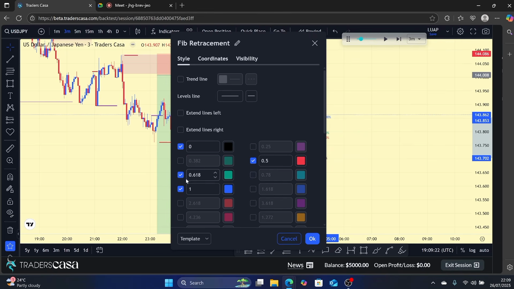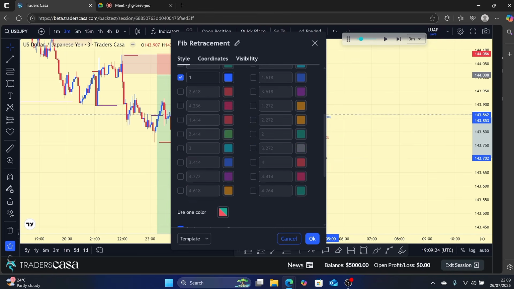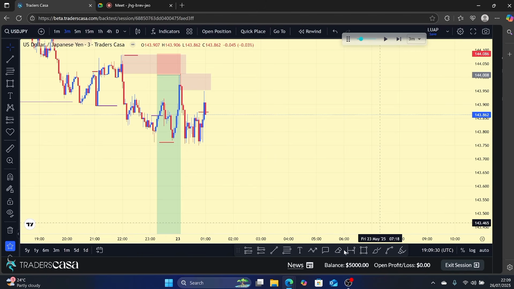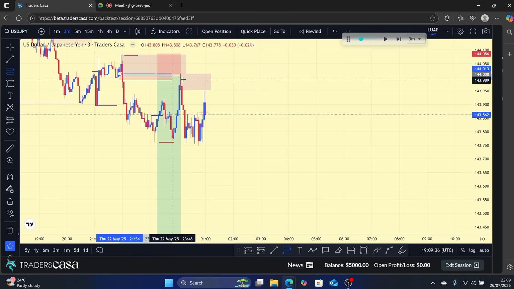Let me get rid of this, and the levels. So if I am to pick the fib, you can clearly see price is reacting from this, because even on this side price just fully filled this fair value gap and gave the reaction.